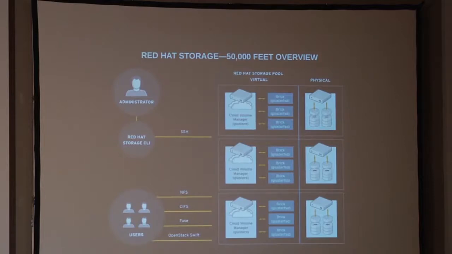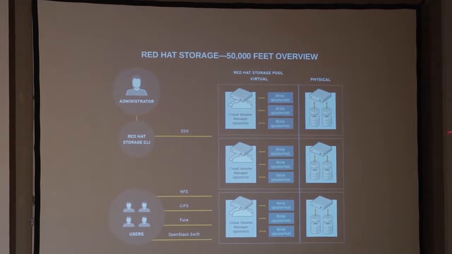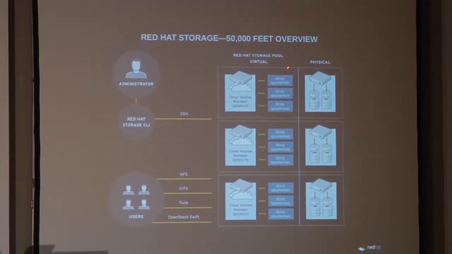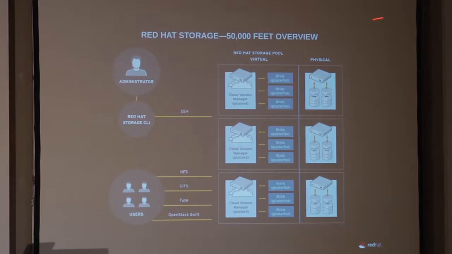A picture speaks 1,000 words. So what is it really? What we have here is the 50,000 feet overview of this storage technology, where you have a disparate set of physical machines that have disks or JBODs attached to them.